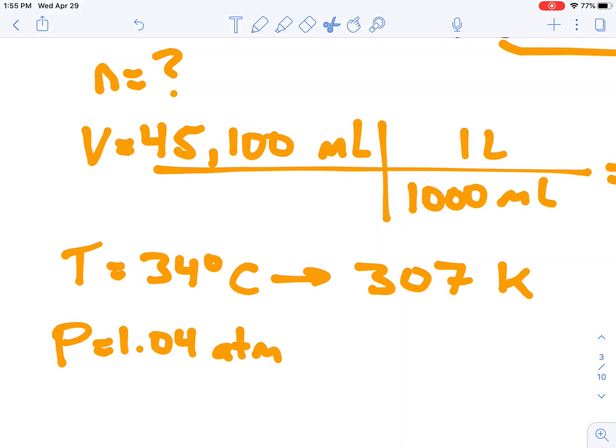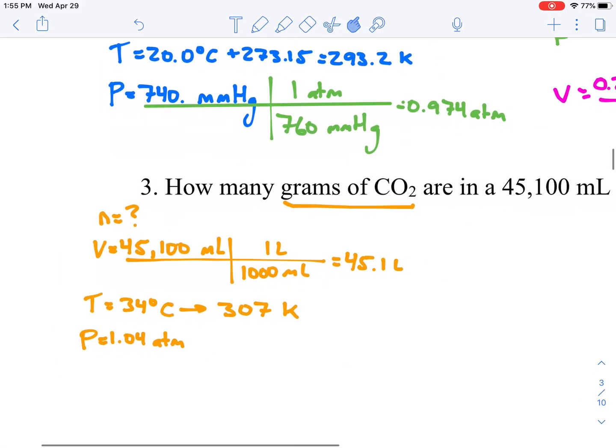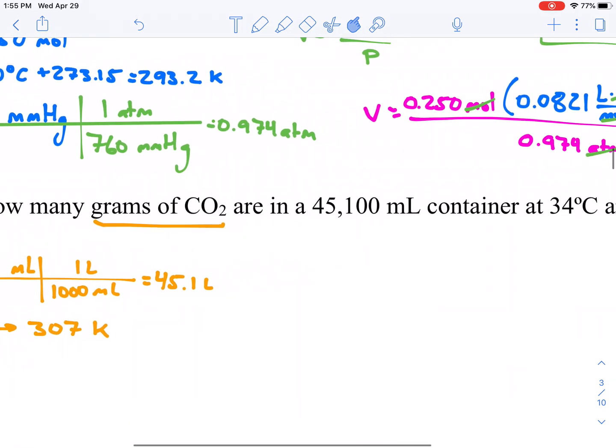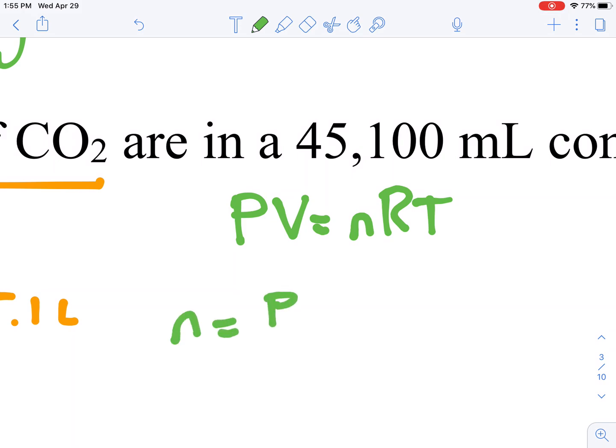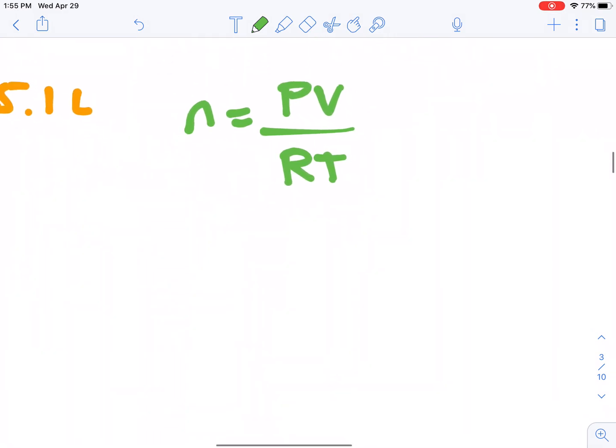So again, we have a bunch of variables. We've fixed some of them because we know what R value is coming. We know that we need to use PV equals nRT based on the variables that we have. But this time we're solving for N. And so to solve for N by itself, you've got to get rid of that RT. So N is going to be equal to PV over RT. Let's plug in what we have.